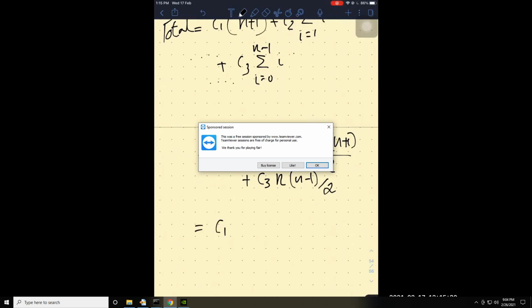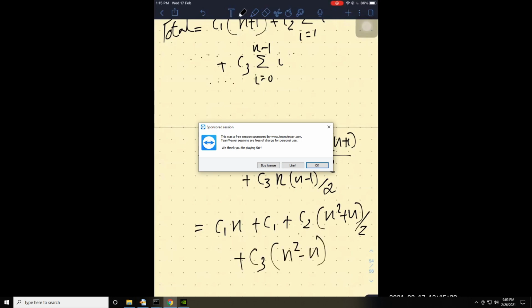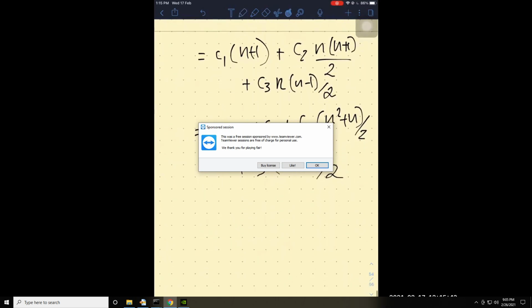Solving that, we get C1 times n plus 1, plus C2 times n square plus n divided by 2, and then C3 times n square minus n divided by 2.